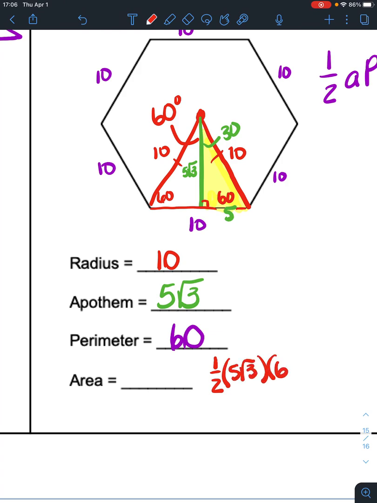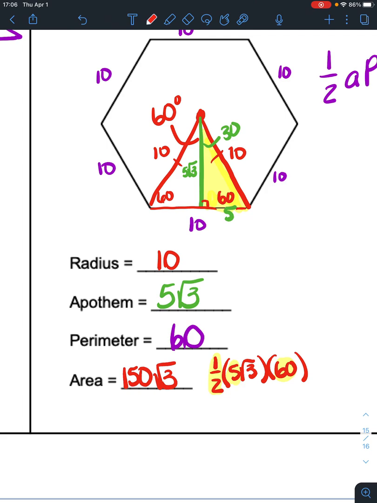It's 1/2 the apothem, which was 5 root 3, times the perimeter, which is 60. Now we want to leave our answers exact, and so that square root of 3 is going to act like pi did when we were getting answers like 5 pi. So you would multiply 1/2 times 5 times 60. Well, I like to mental math it, so half of 60 is 30, and 30 times 5 is 150.